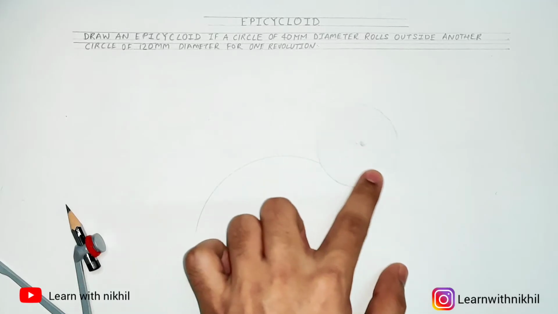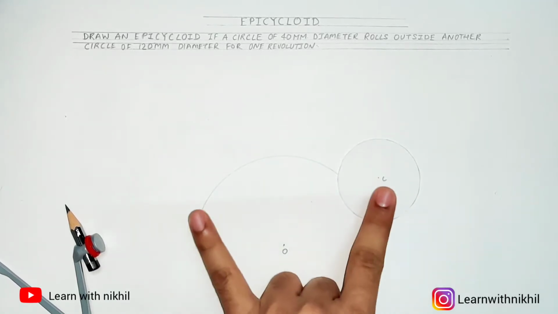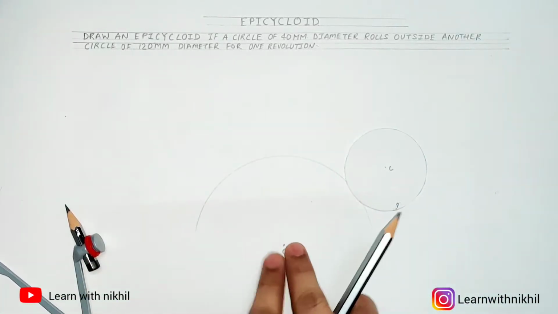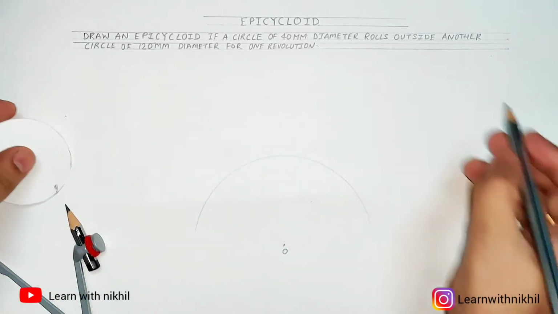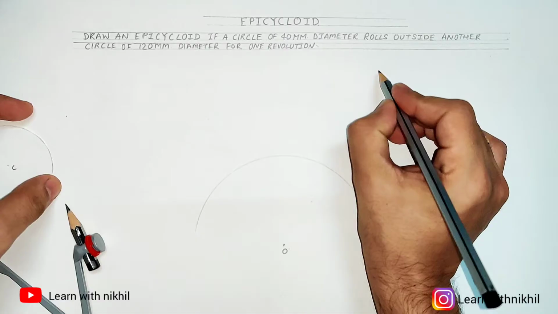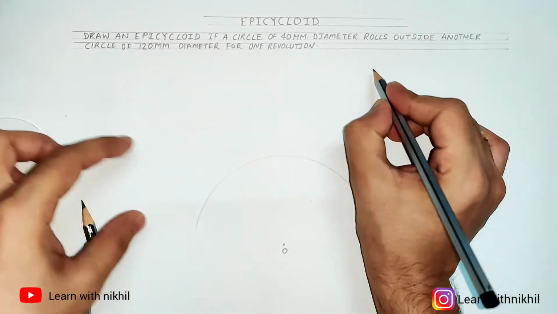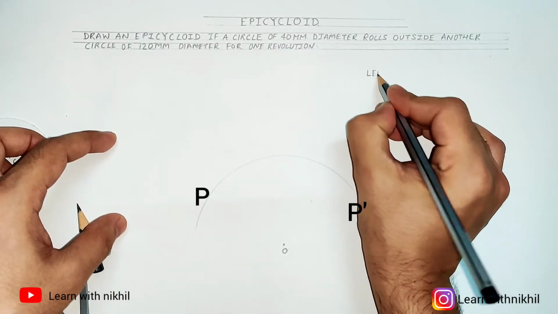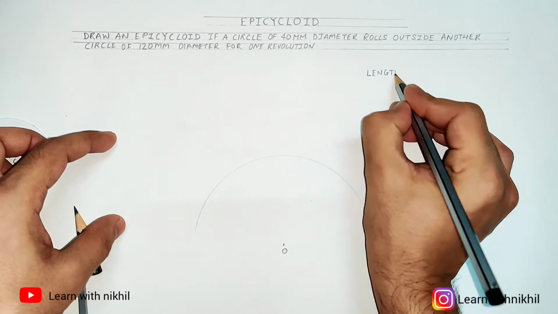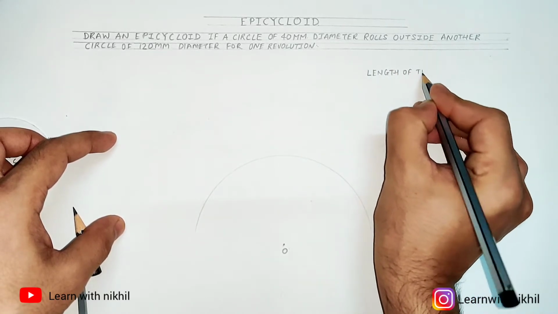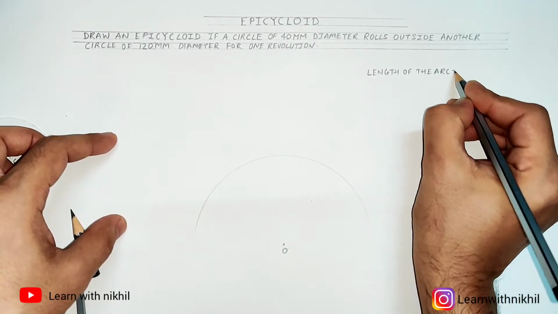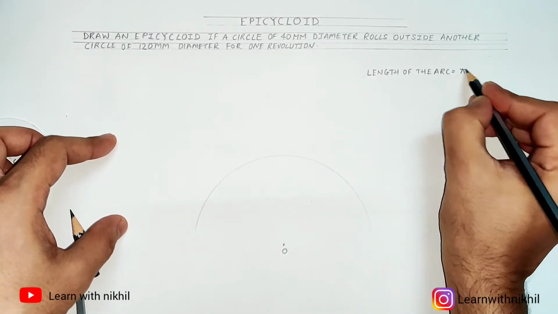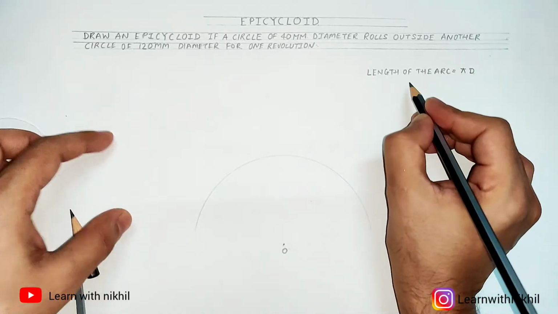So the distance which it travels is nothing but an angle. We have to calculate the distance of its travelling for one revolution from point P to point P dash. For that, the length of its travel is nothing but the length of the arc. So length of the arc will be pi d.